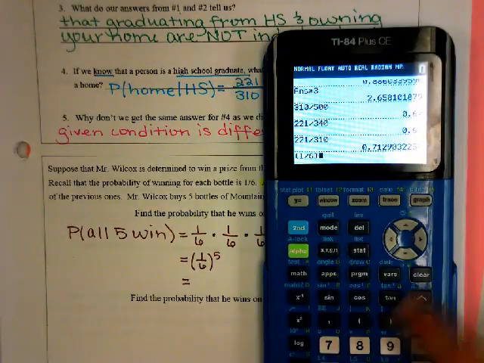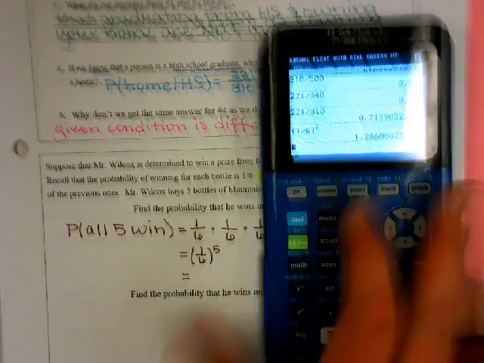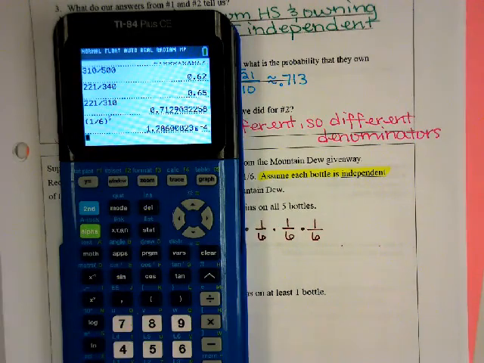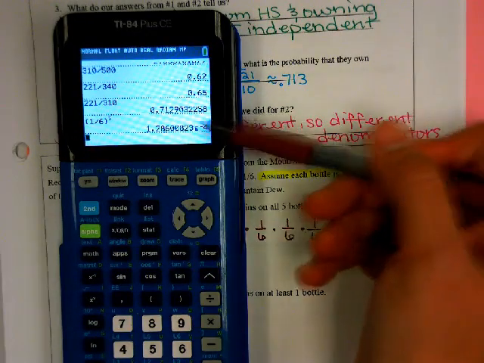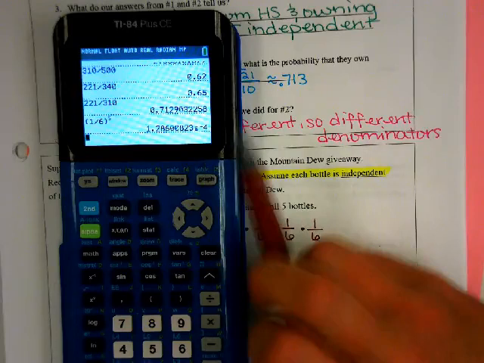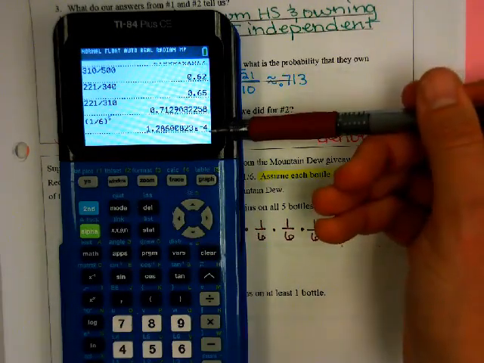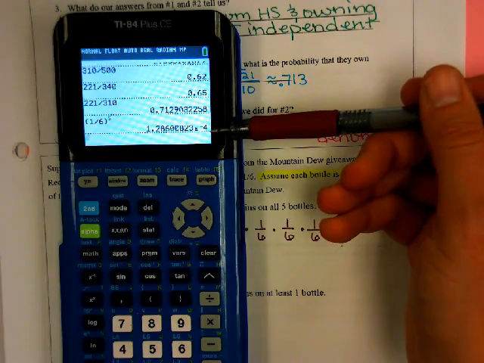What does this mean again? We put a bunch of zeros. This tells you it's in scientific notation. So that means we're multiplying by 10 to the -4th. Since it's a negative, we're going to move our decimal 4 to the left.